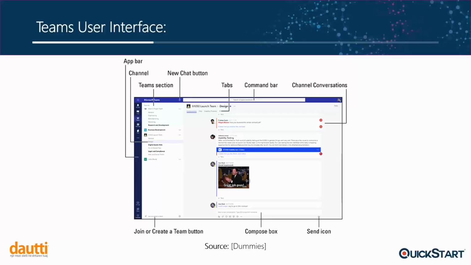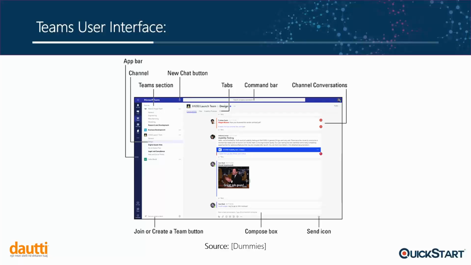The one below that, which we see on this slide, is the join or create a team button, which enables the process of creating or joining a team. By hitting this button over here, you can create a team, but other than creating a team, you can join a team as well.